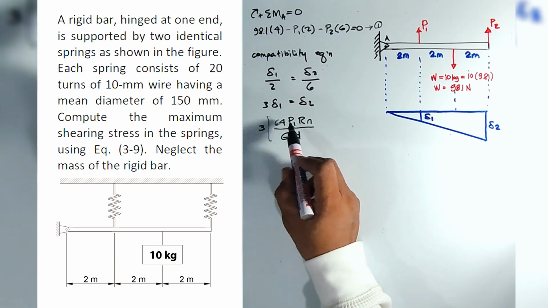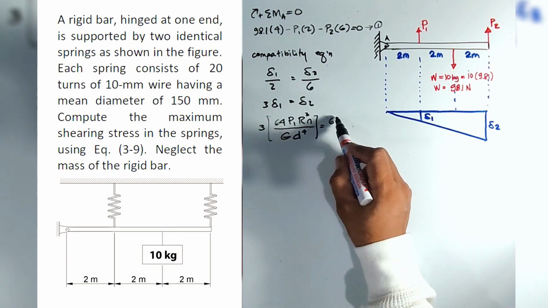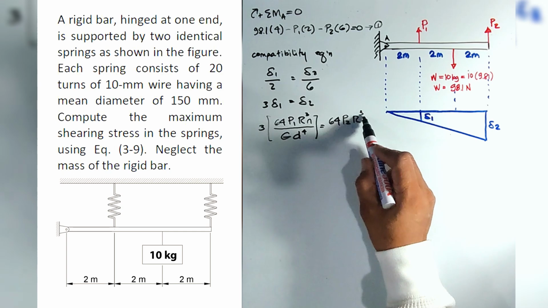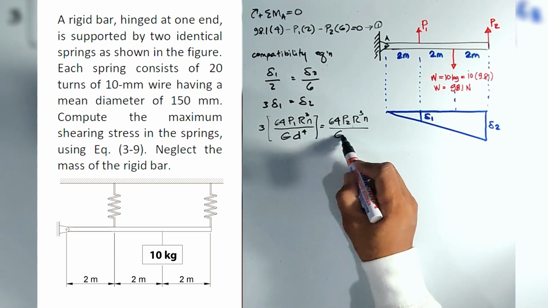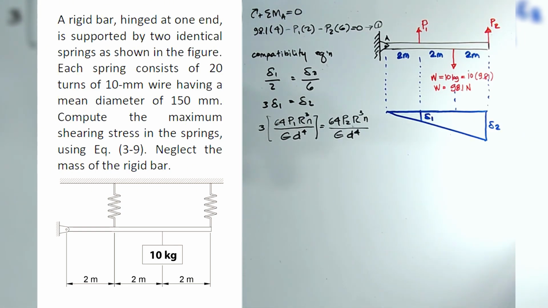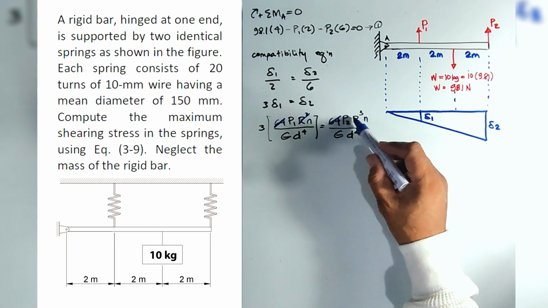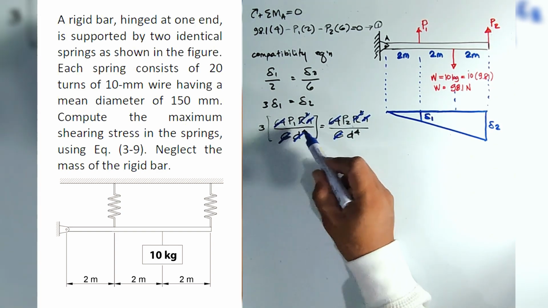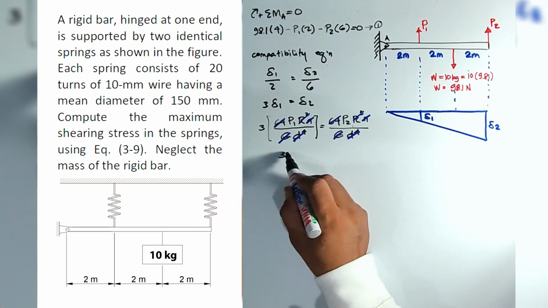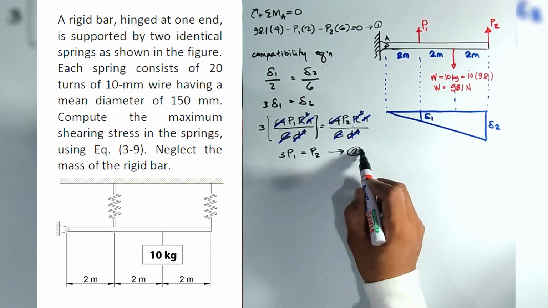So on the right side, we have P2, this is still R, N over G times D to the power of 4. That means we can cancel out 64, the radius, modulus of rigidity, and the wire diameter. So this equation will reduce to 3P1 equals P2. Let's call this equation 2.